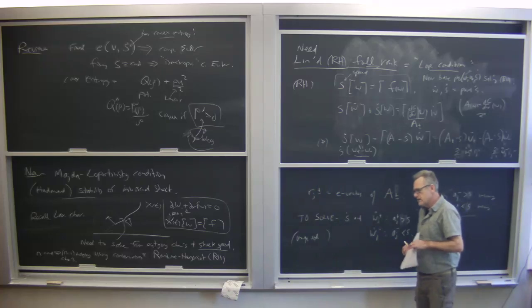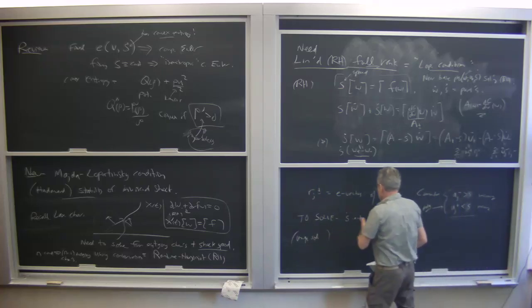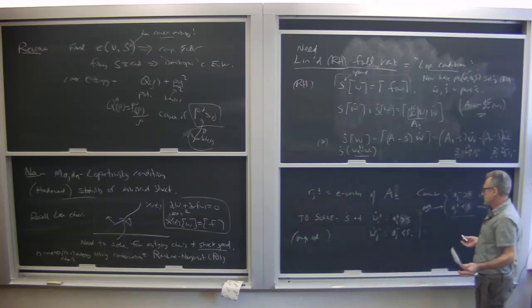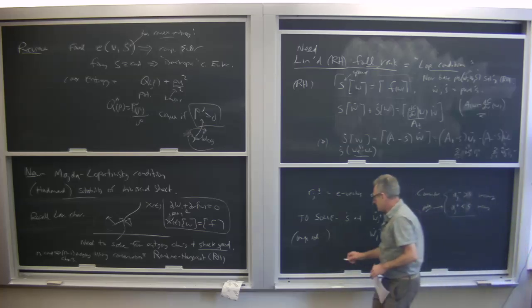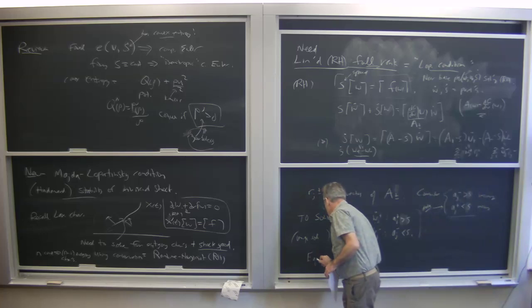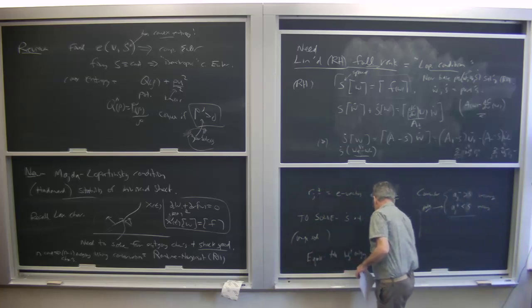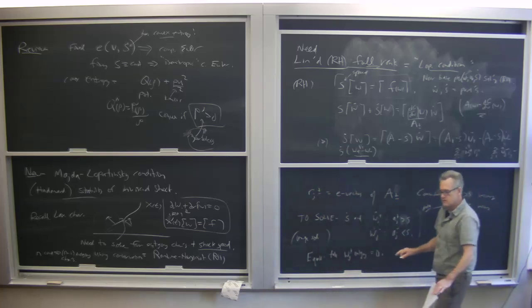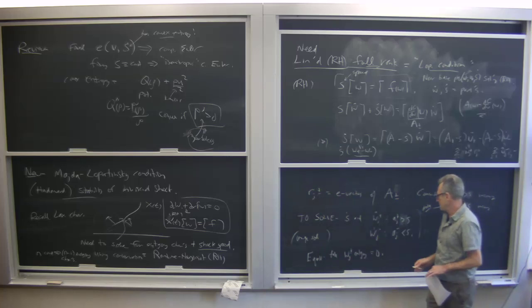But I don't ever have to write down what that system is, because for a linear system it's the same to ask whether there's a unique solution of the homogeneous system. So it's equivalent to take all the incoming modes to be zero, and to say that there is then no non-trivial solution.